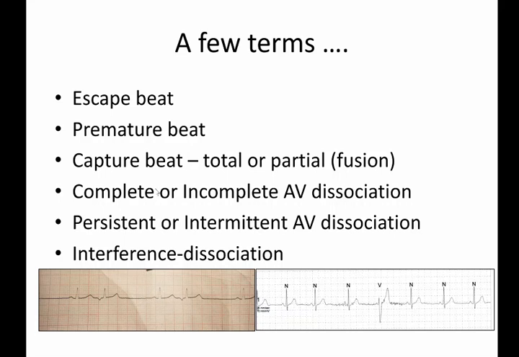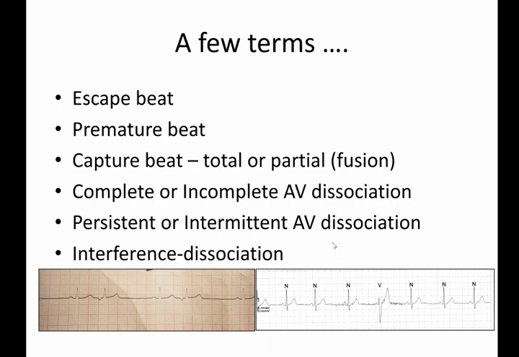His-Purkinje system, and this is known as a total capture beat, where the QRS morphology will resemble that of a normal QRS. The other term that we often use is partial capture beat, and more commonly it is known as a fusion beat, where the atrial beat will conduct back to the ventricles, but at the same time the ventricular activation is also occurring through the other focus, the other pacemaker which was acting in the ventricles.